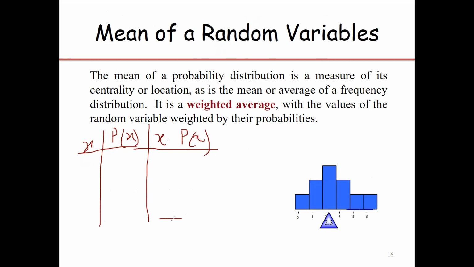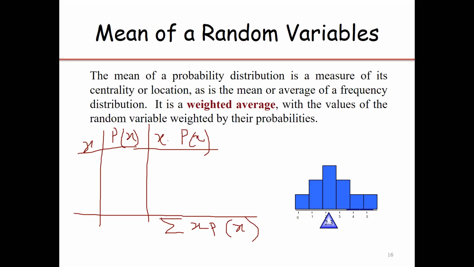And the sum of this column is the mean. Sum of x times px is the mean of the distribution. So that is a very simple case. Finding the mean when a table is given, you just multiply the variable with the probability and take the sum of that. That sum is known as the mean of the distribution.